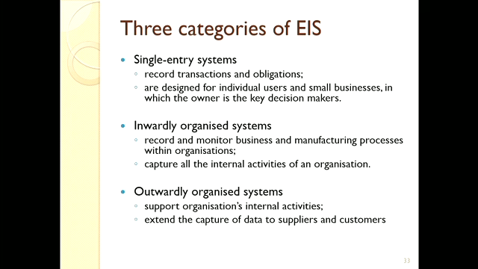That's called an inwardly organized system, a higher level system. And the highest level of enterprise information system is called an outwardly organized system. Again, it's more complicated in terms of development and functionality. As you can see from the word outwardly, this system can not only help connect the company's own departments, but it can also help connect the company with external users.